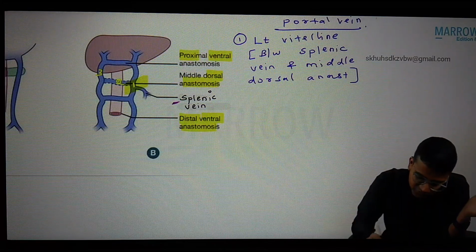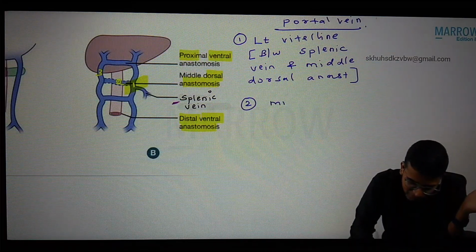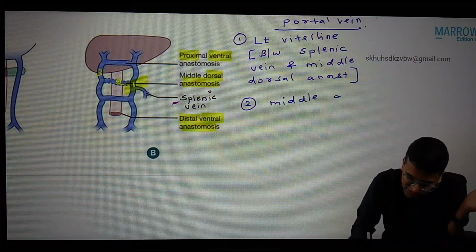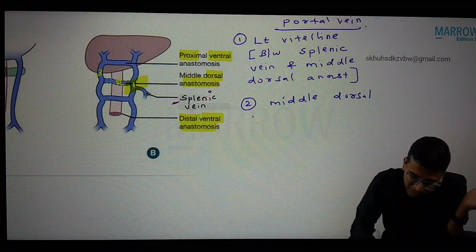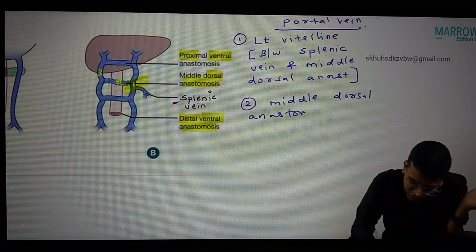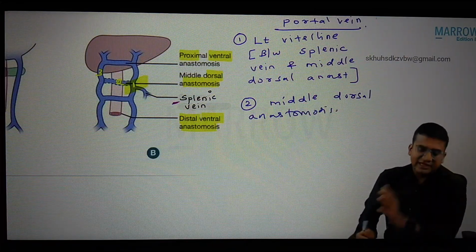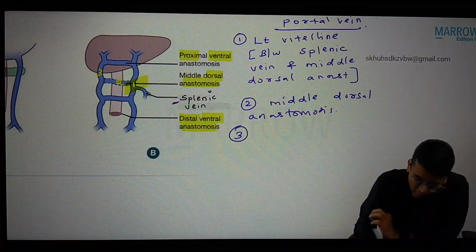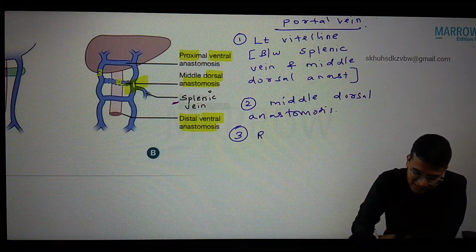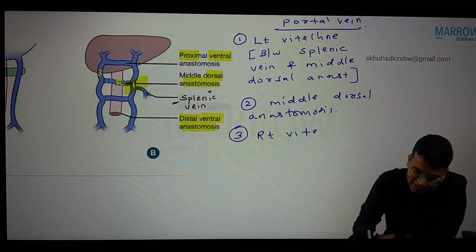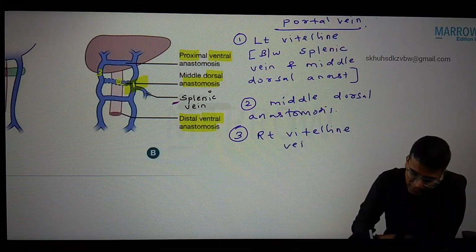Okay, what is number 2? Number 2 is middle dorsal anastomosis. Okay, number 3. What is number 3? Number 3 is right vitelline vein.